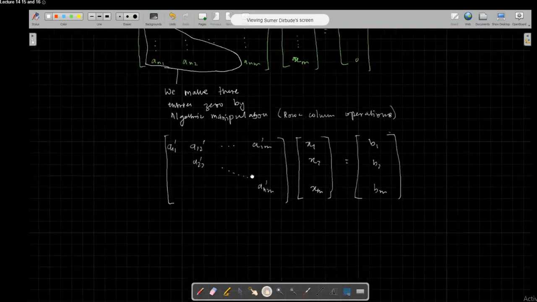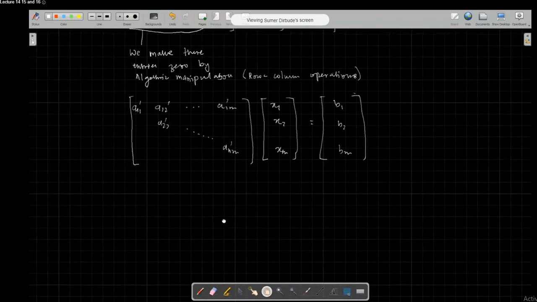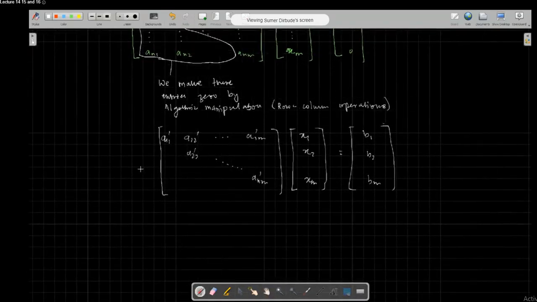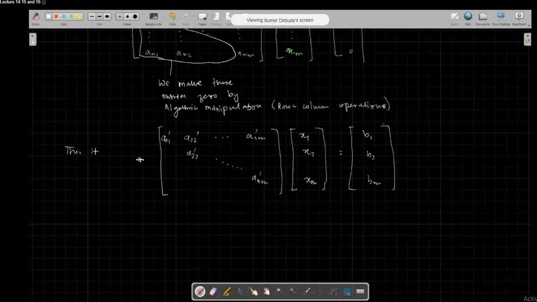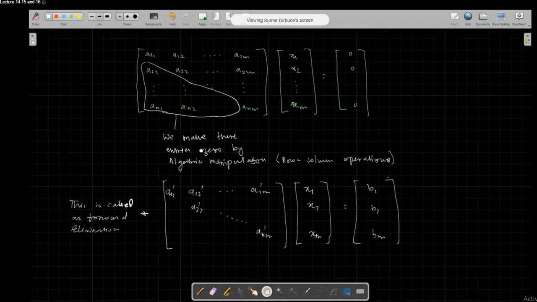This process is called forward elimination. We move forward and eliminate.